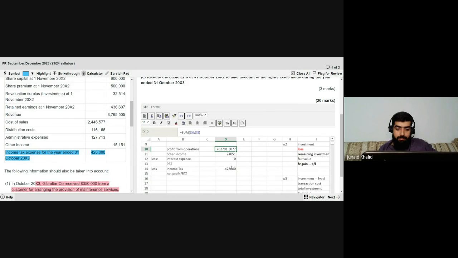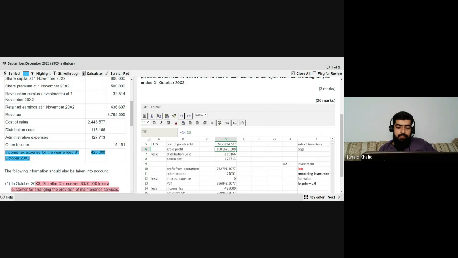Then we have profit before tax, and this will come by the addition of both. And then we have a sum formula. Is this the answer? 3588. Yes, it's fine now.